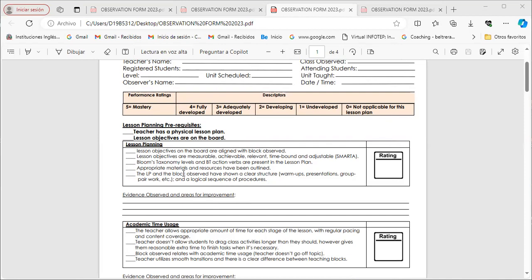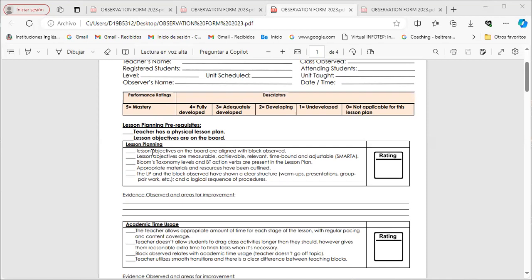If you decided to observe the lesson planning, you need to ask the teacher for a copy of his lesson plan and check the criteria you observe. Here you need to write the evidence observed.